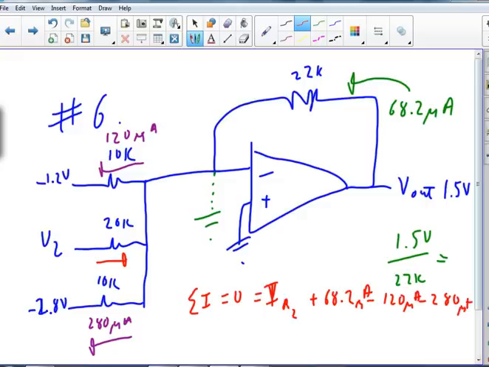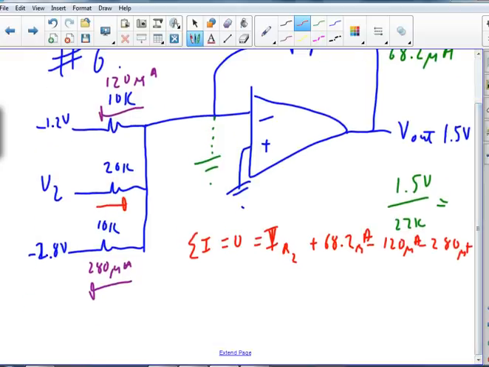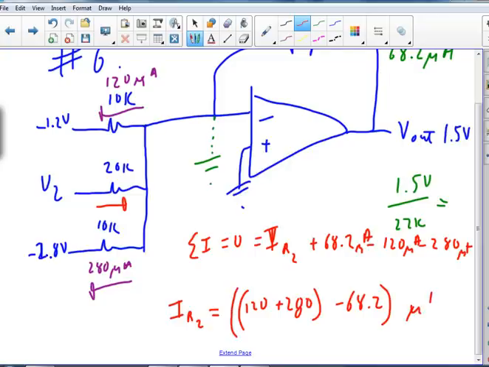So the current going through R2 has to be 120 plus 280 minus 68.2 microamps.